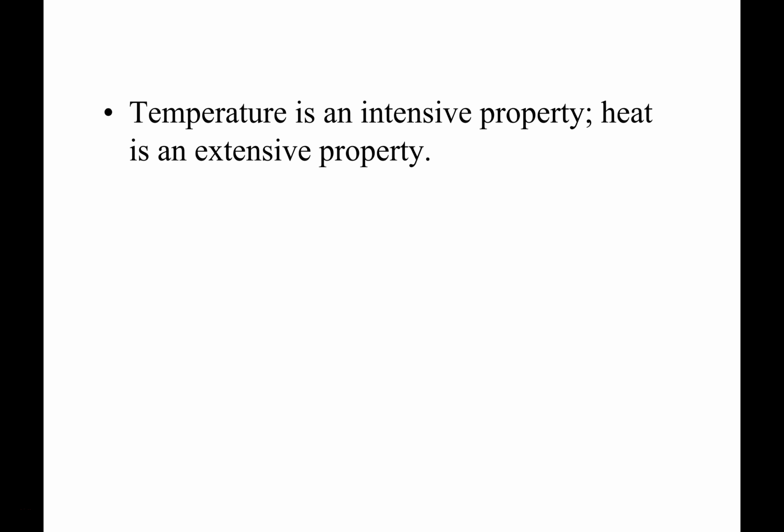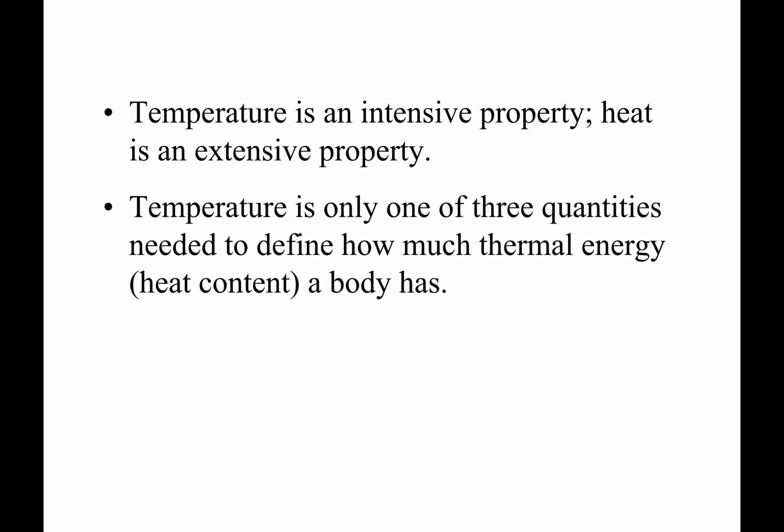That's it. But which one has more thermal energy, my cup or my pot? My pot. And why is that? Because it's amount. There's more. Exactly. There's amount. So temperature is intensive, but heat or thermal energy is extensive. So temperature, you need temperature, and I told you three quantities.